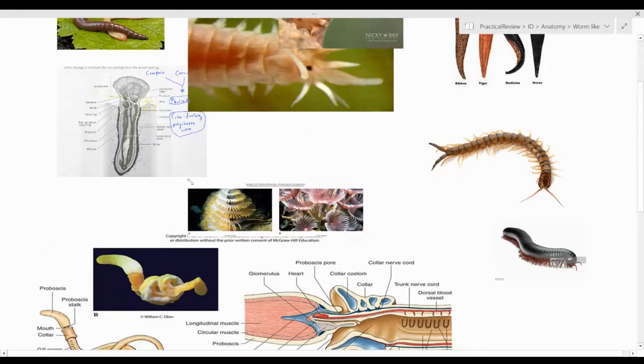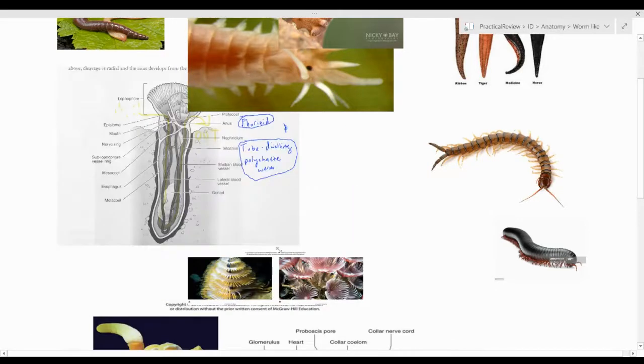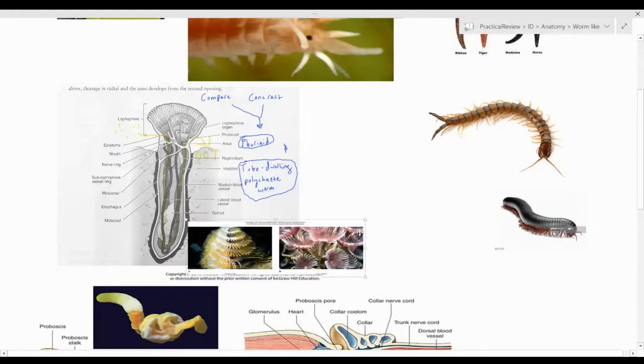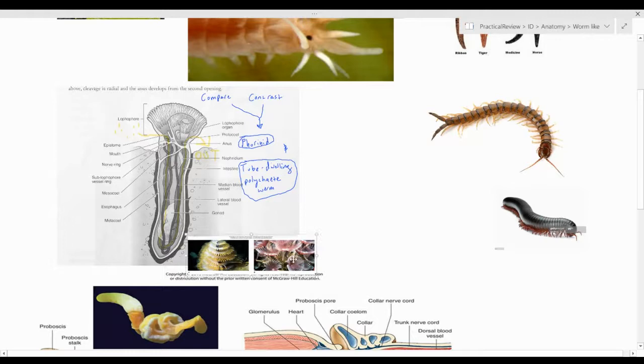Let's look at this a little closer. Oh, this gives it away a little bit. Polychaete worm. But is a polychaete worm a true worm?